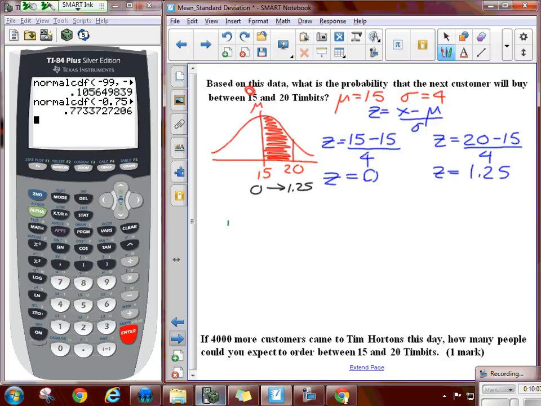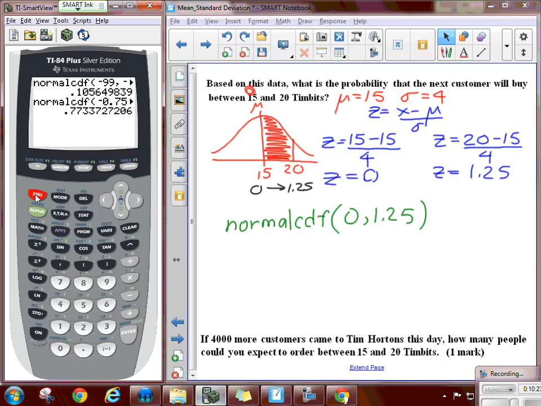So for our work, we just say to find this information on our calculator, that's a normal CDF situation again. Reading left to right, we're starting at 0 on the left for our shading, going all the way up to 1.25. So in our calculator again, second function vars, number 2 is normal CDF, and we go from 0, comma, 1.25, close it, and we get about 39.44%.